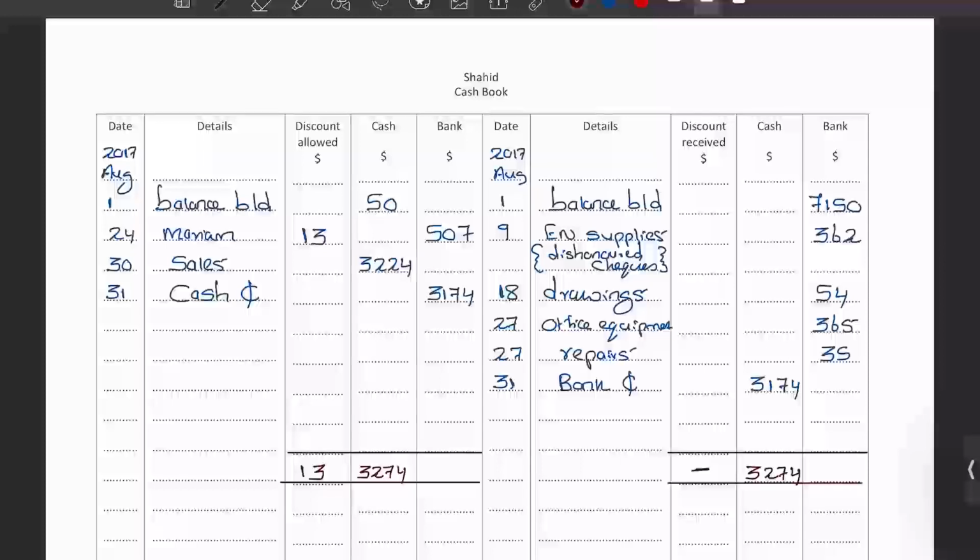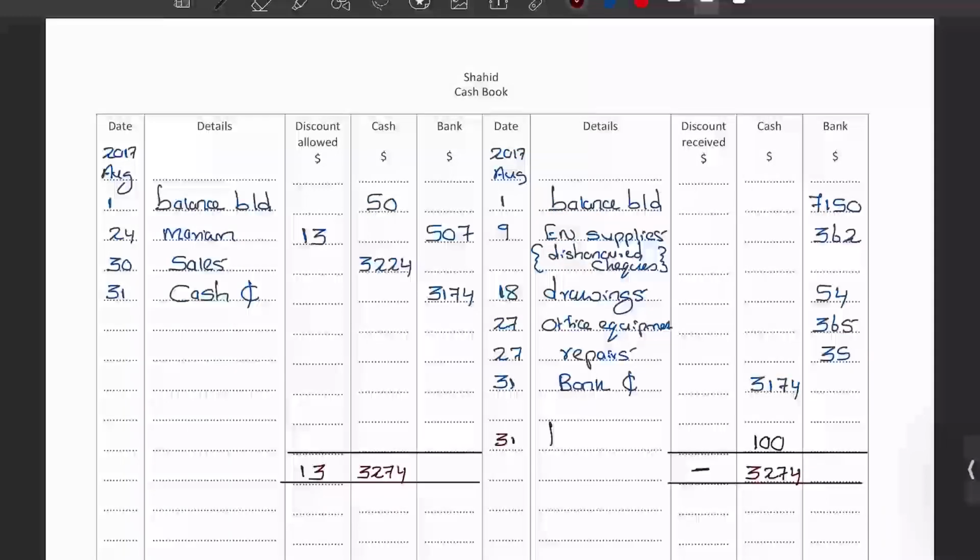How much is the balance? 3274 minus 3174, 100. Why do you have a balance of 100? Because all the cash you went and put into the bank, except 100. So you should be having 100 cash with you. That's why there is a balance of 100.